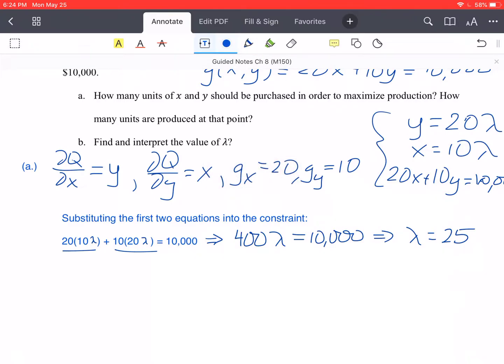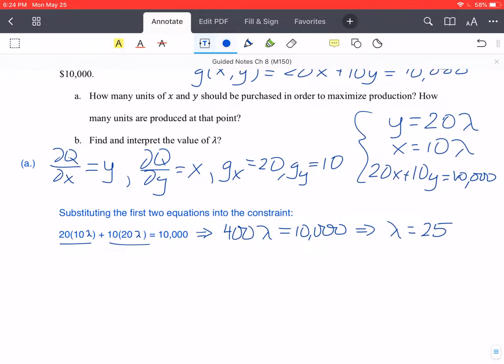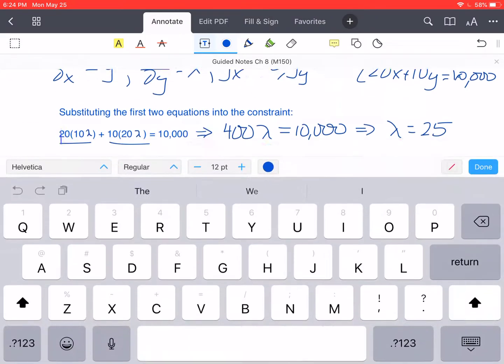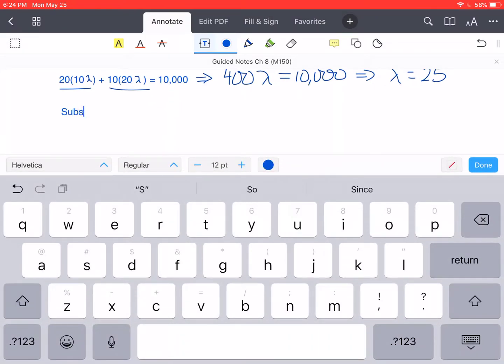And now, once we have lambda, we can go ahead and get both x and y, because they were written in terms of lambda. So substituting gives the following.